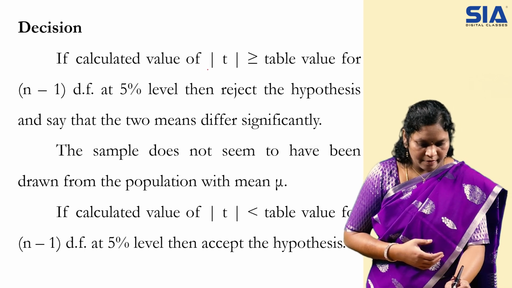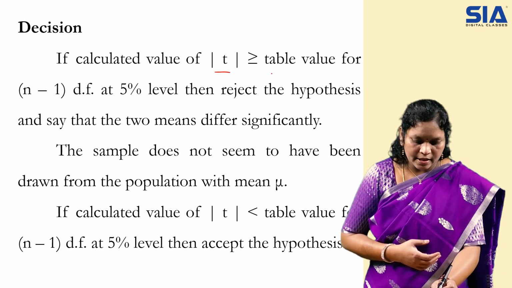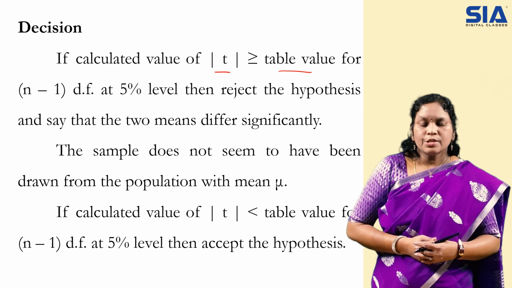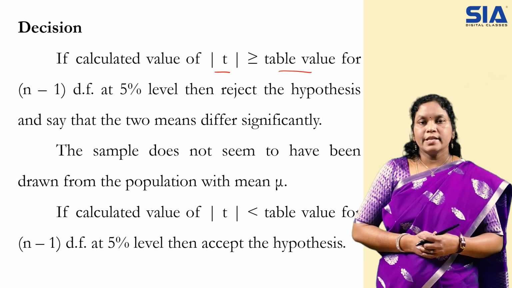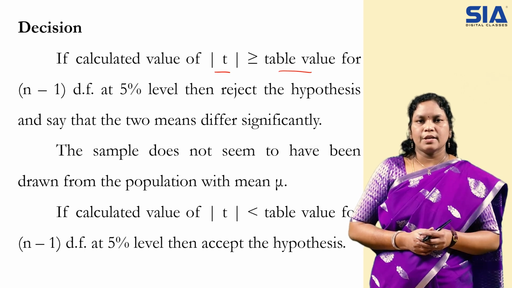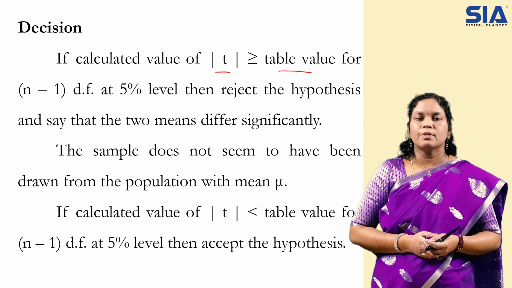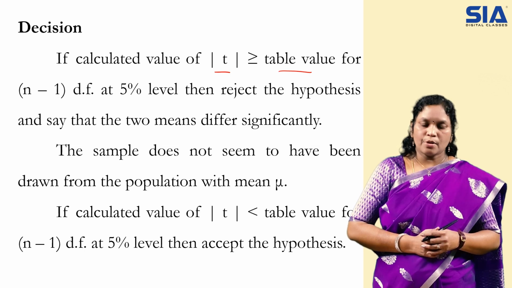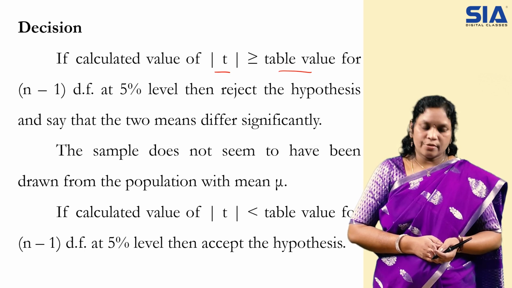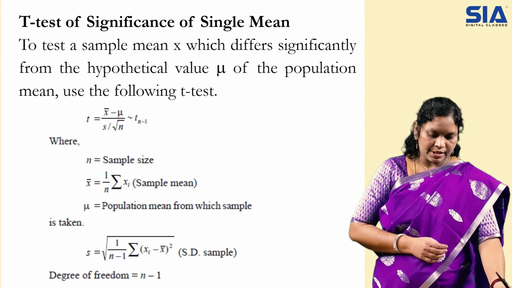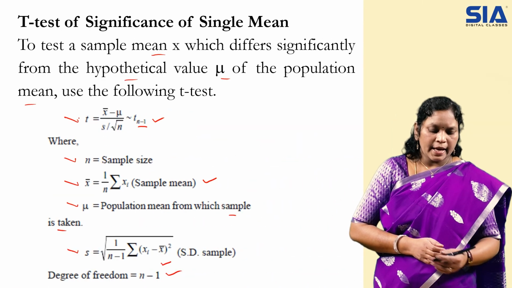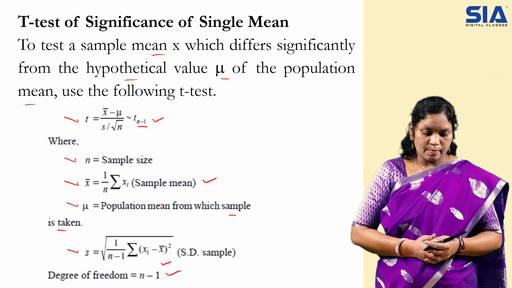If the calculated value of mod t is greater than or equal to the table value, note that if we get negative values we have to make them positive, which is why we apply mod. The calculated value of t is just the formula we considered, t is equal to x bar minus mu by s by root n.